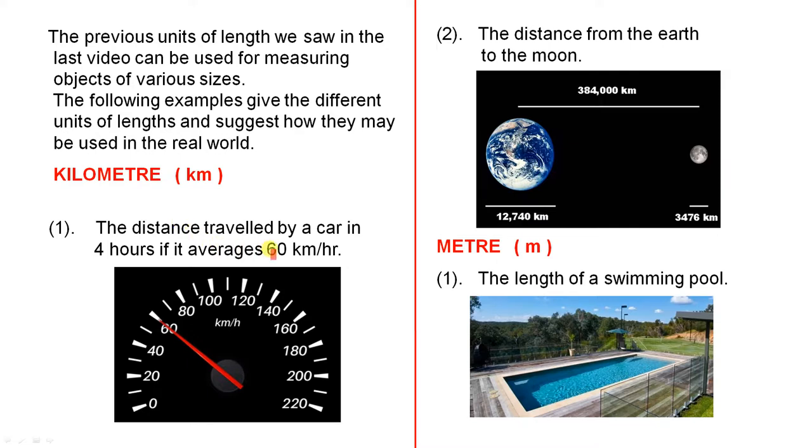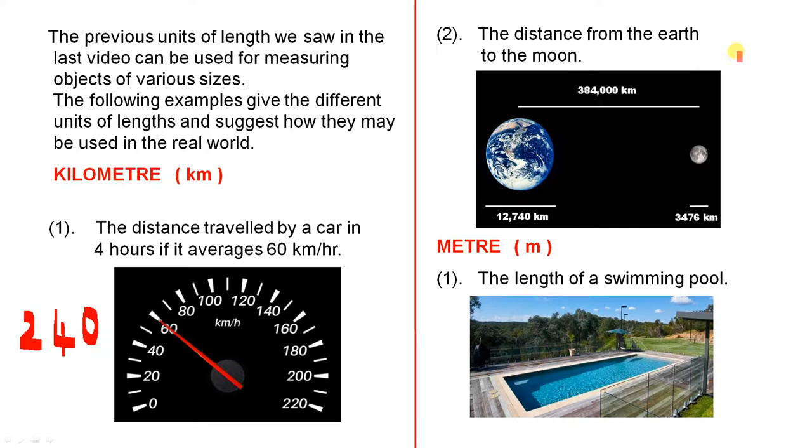So if the car goes 60 kilometres each hour and it goes for 4 hours, that means the total distance that the car travels will be 240 kilometres. So the kilometre can be used quite adequately in this situation.